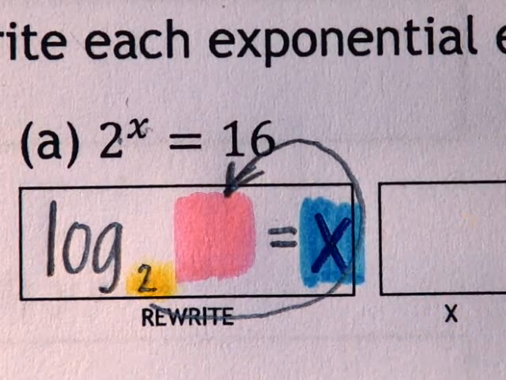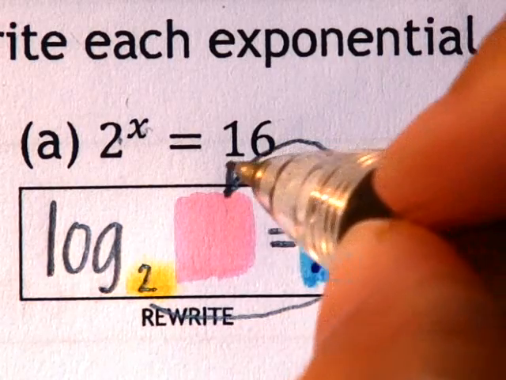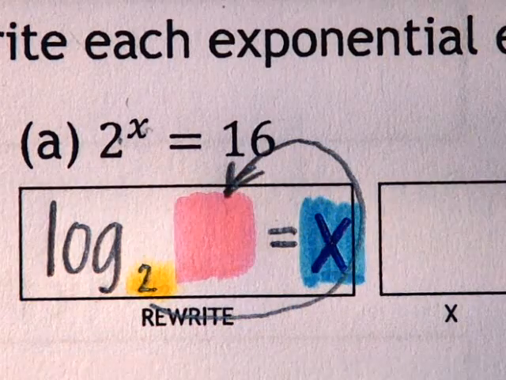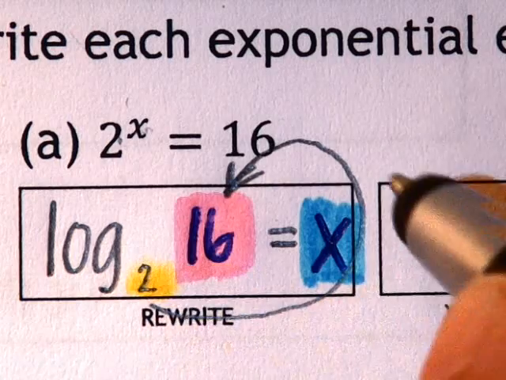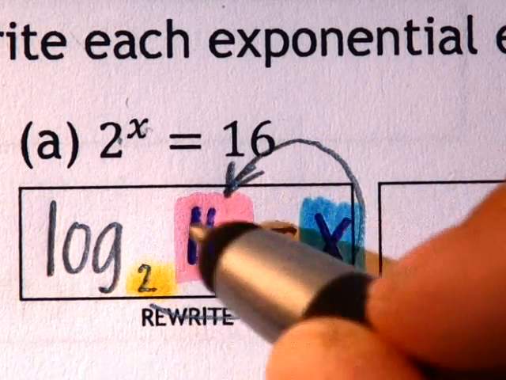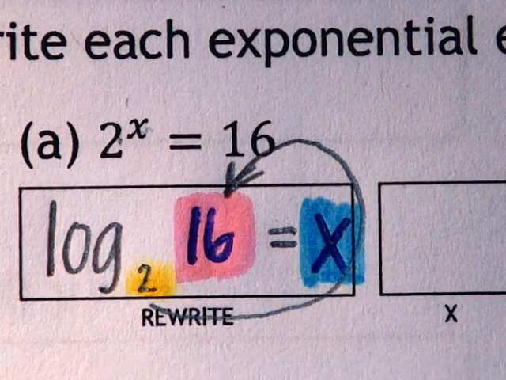So I know that the x must be the blue part, and then equals, as we loop back around, the 16 must be the pink part here, because we know that the answer to that exponential expression always belonged in that sort of center of the problem, the number attached to the log and its subscript.